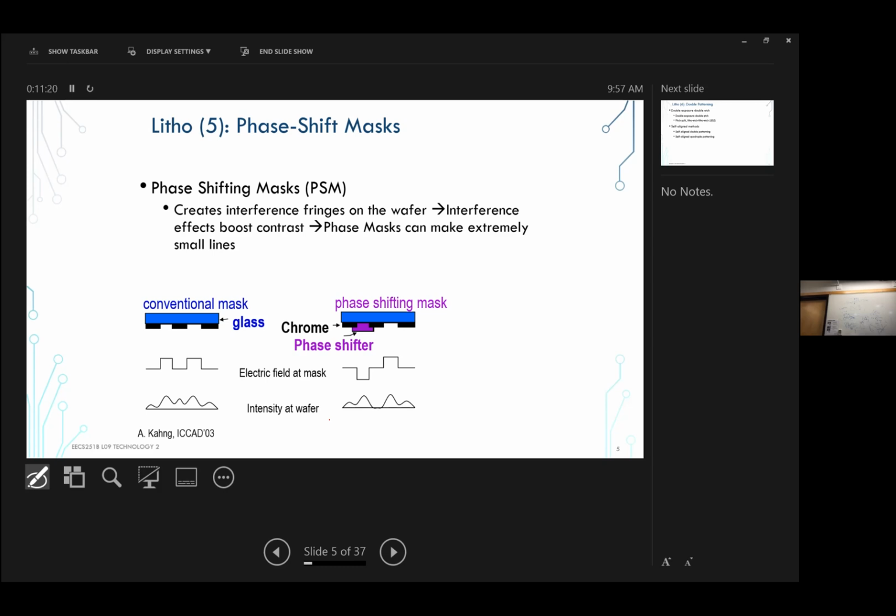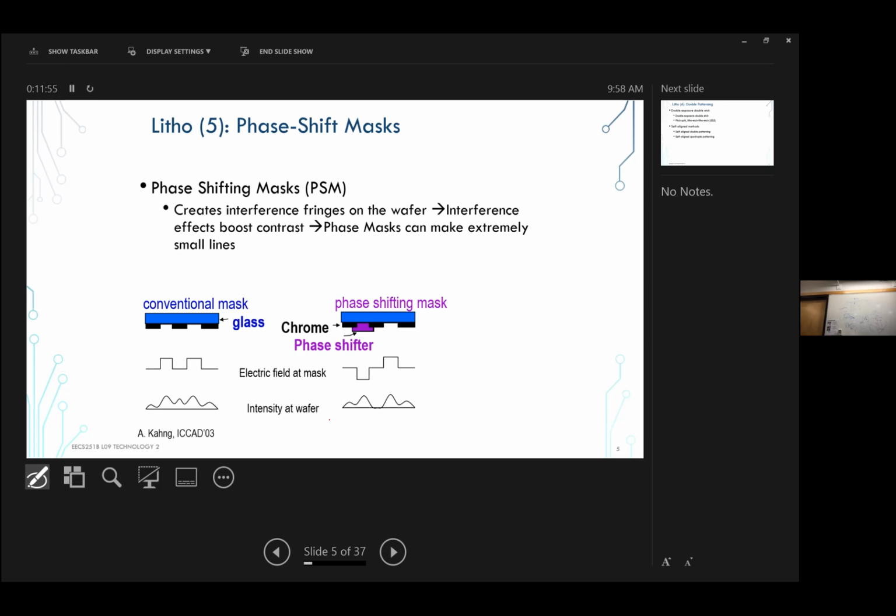As a result, it produces a null in between and enables better resolution of features. What's the implication on the design here? So this enables scaling, but what does the designer have to do? If you're an analog designer, it's incredibly frustrating, as evident, say, in 28 and beyond.